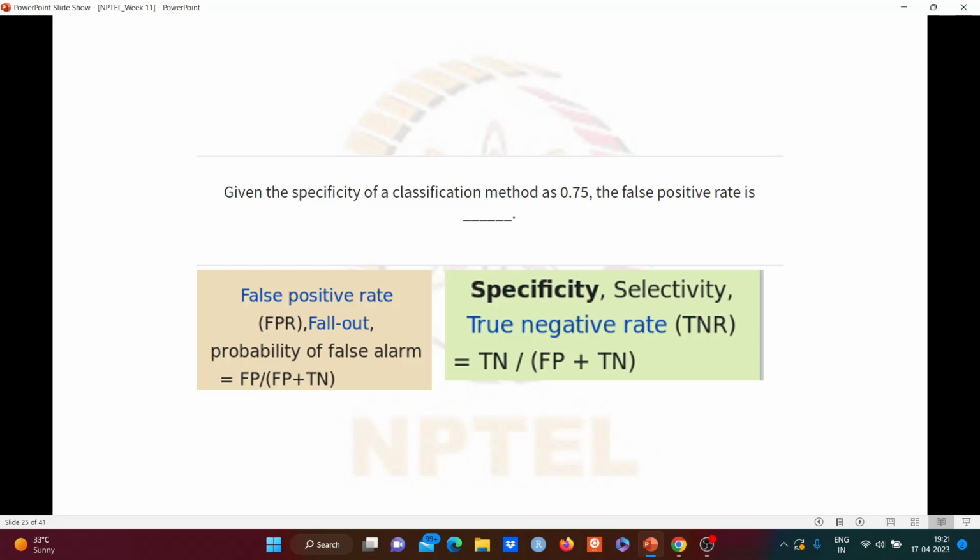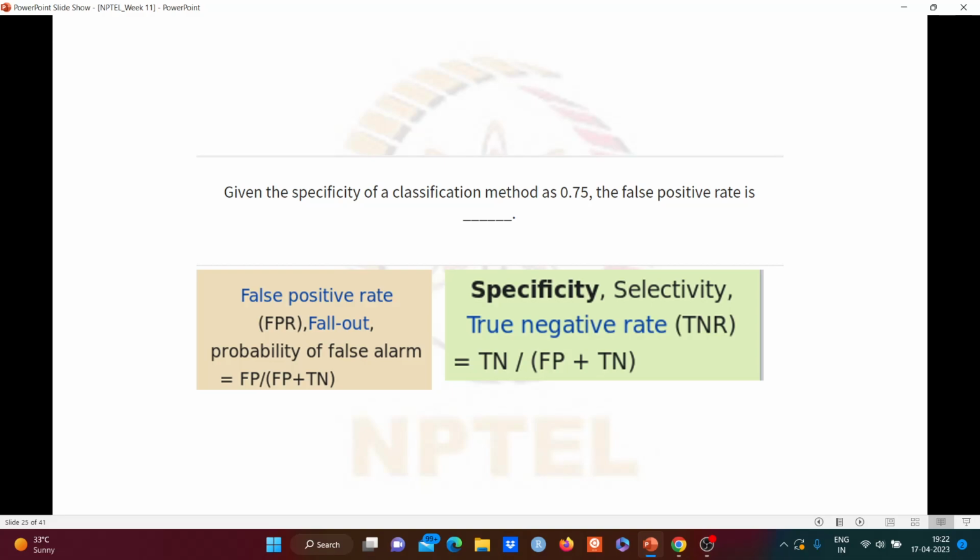Yeah. When we closely see these formulas, they have similar terms in the denominator, and in the numerator they are separated into TN and FP.